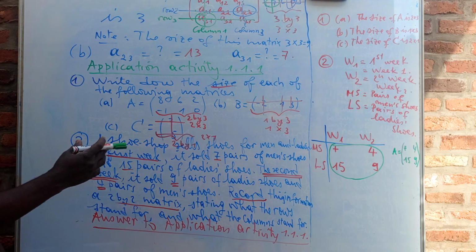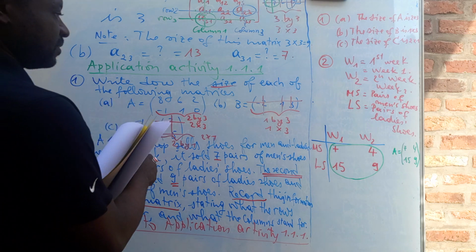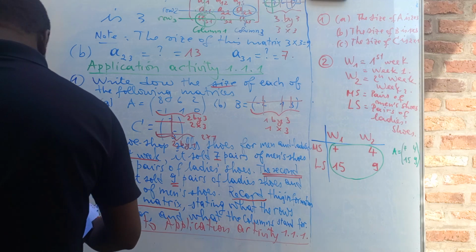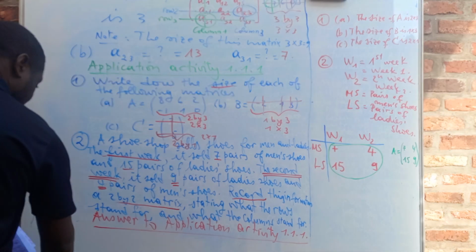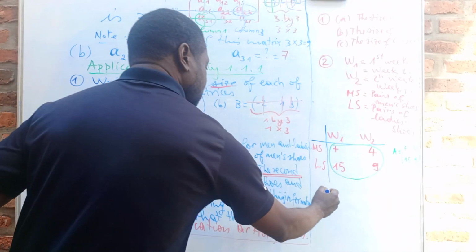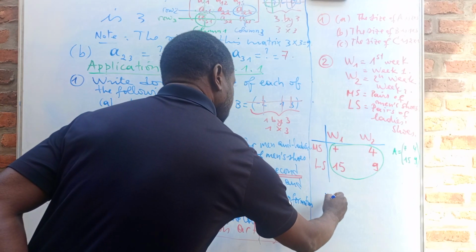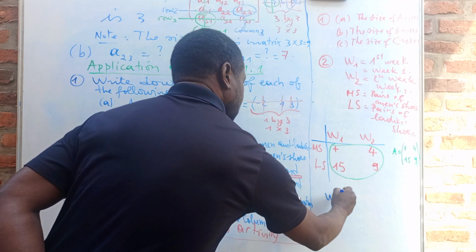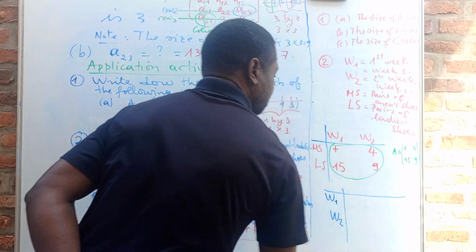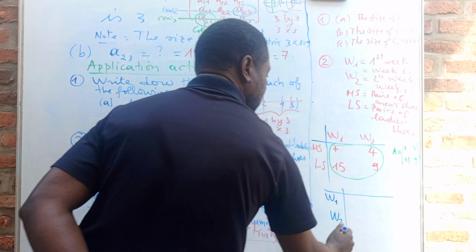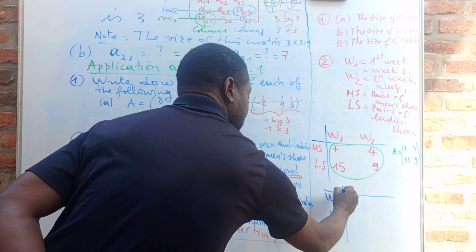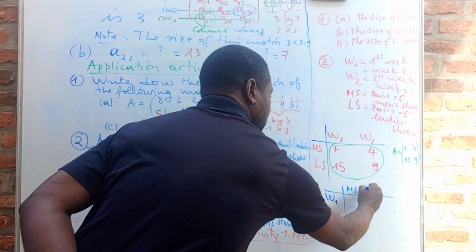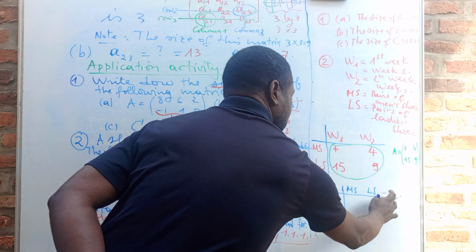We can put weeks in rows, and then find out the pairs of men's shoes and pairs of ladies' shoes sold.